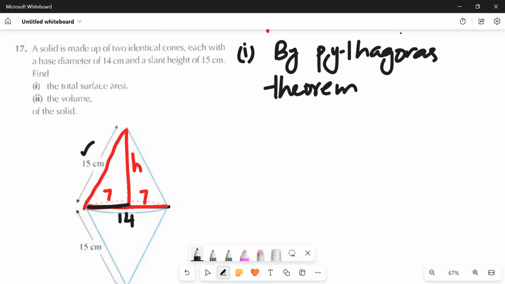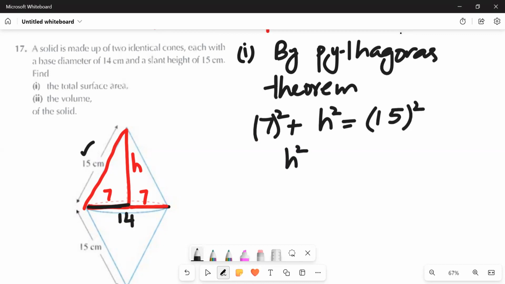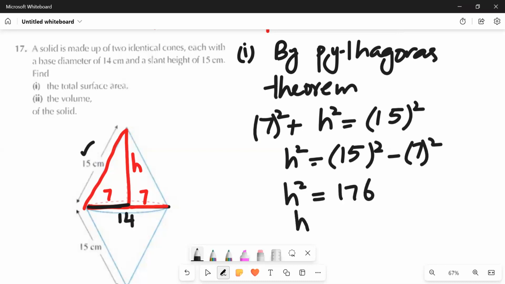This one is the base square, that is 7 square, and height square h square is equal to 15 square. Then h square is equal to 15 square minus 7 square. So 15 square is 225 minus 49. 225 minus 49, yes, is 176. Now take the square root of this 176.